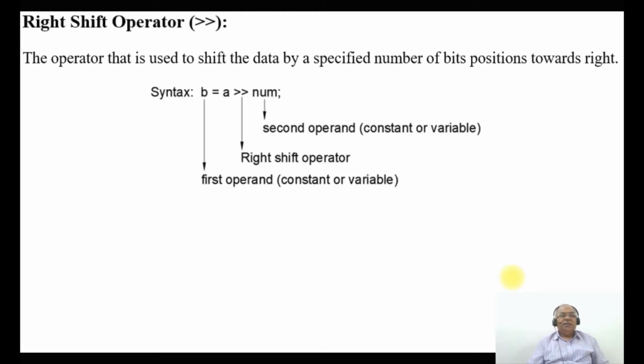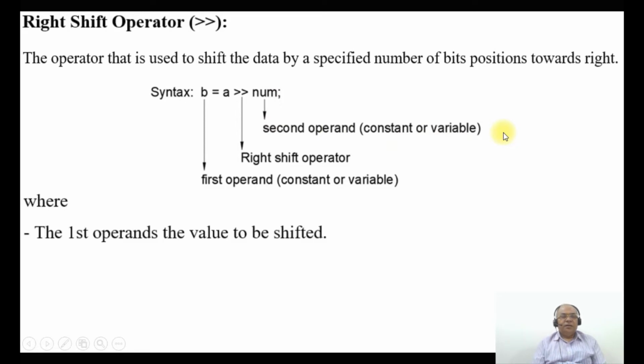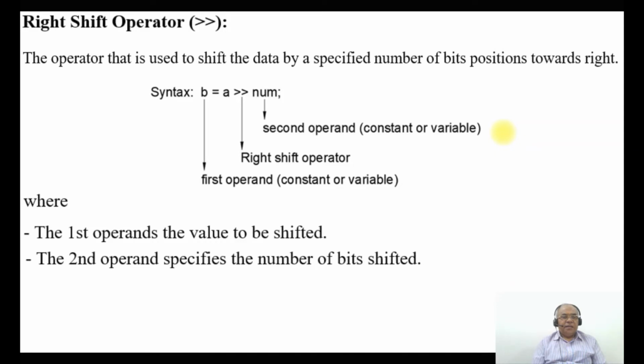Syntax: B = A >> num. A is the first operand, a constant or variable, this is the right shift operator, and num is the second operand, again a constant or variable. The first operand is the value to be shifted, and the second operand specifies the number of bits to be shifted.